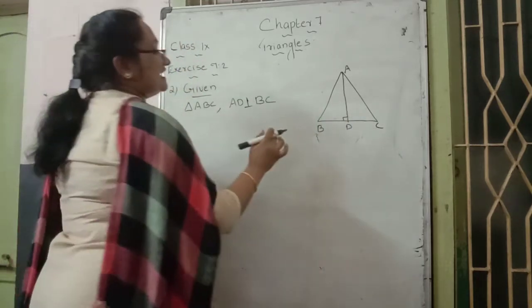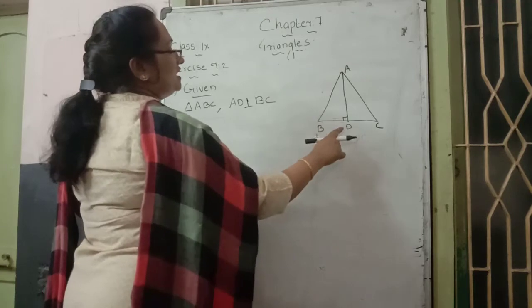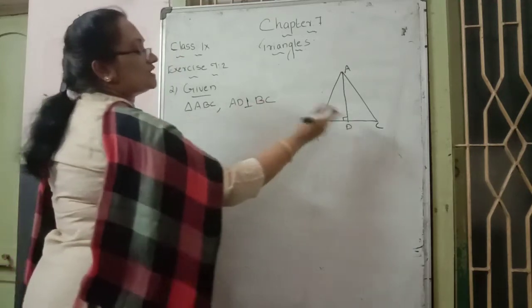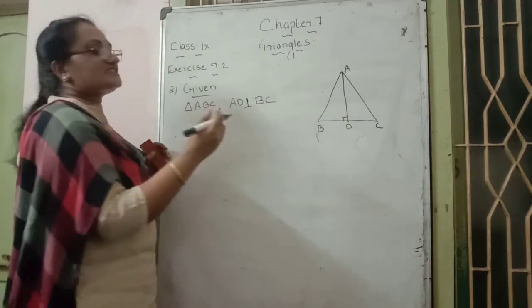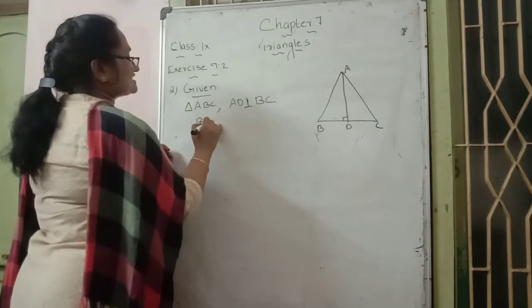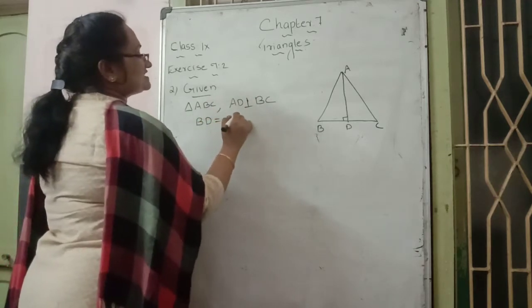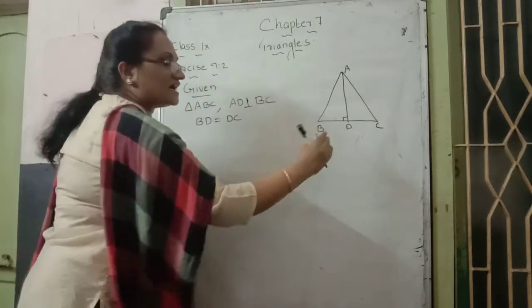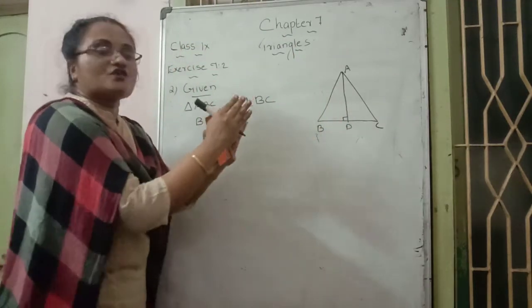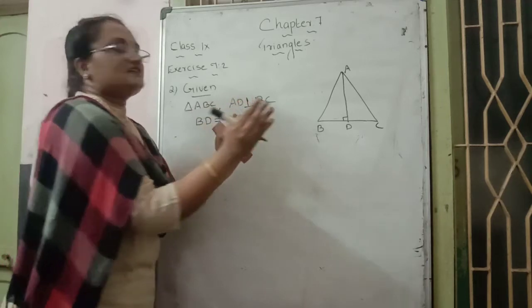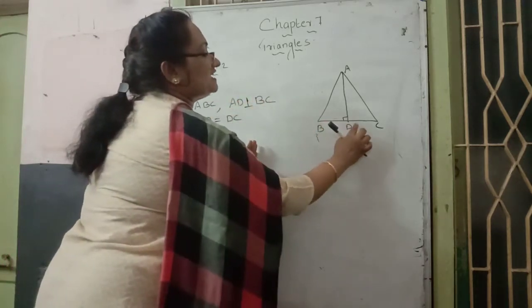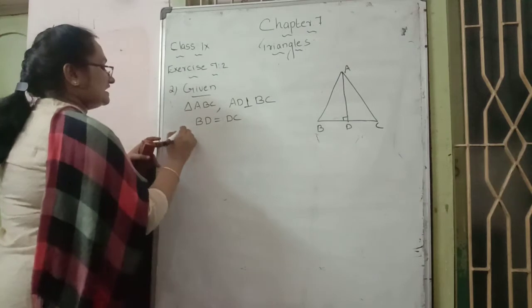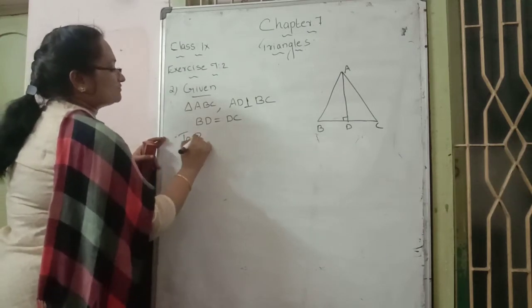Since it is perpendicular bisector, it divides BC into two equal parts, so we can say BD and DC are equal.